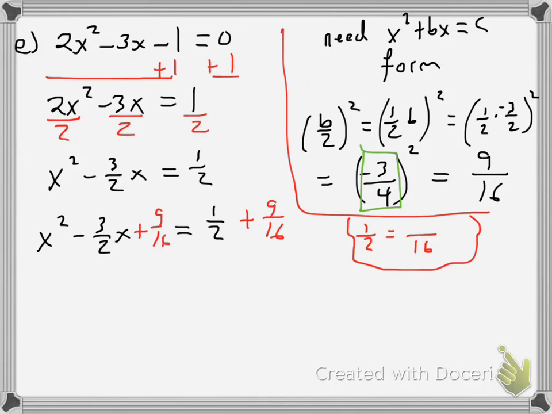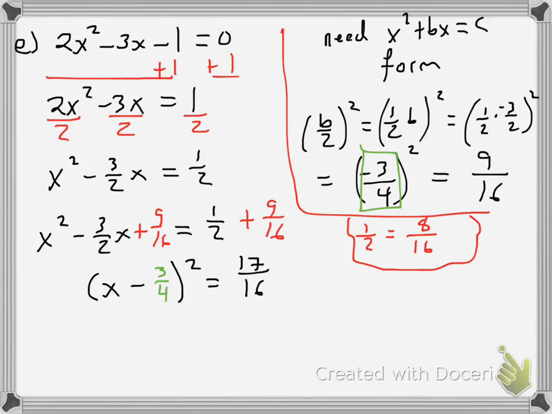Because I need a common denominator, on the right-hand side we have 1 half and 9 over 16. 1 half can be written as something over 16, so to get from 2 to 16 we had to multiply by 8. So we multiply the 1 by 8 and get 8. The left-hand side factored into x minus 3/4 squared, and the right-hand side becomes 17 over 16 when we add 8/16, which is 1 half, to 9/16.